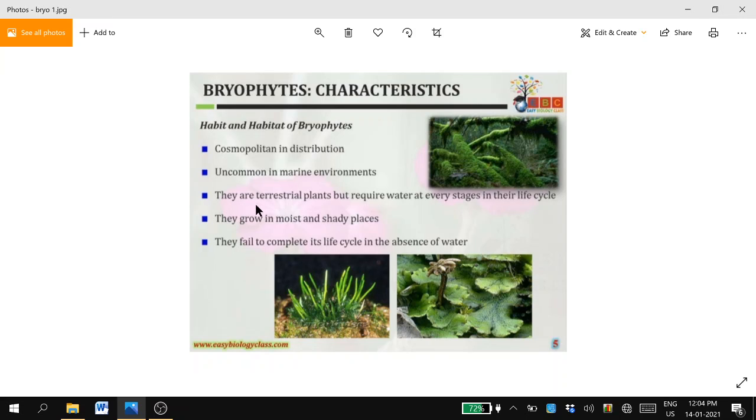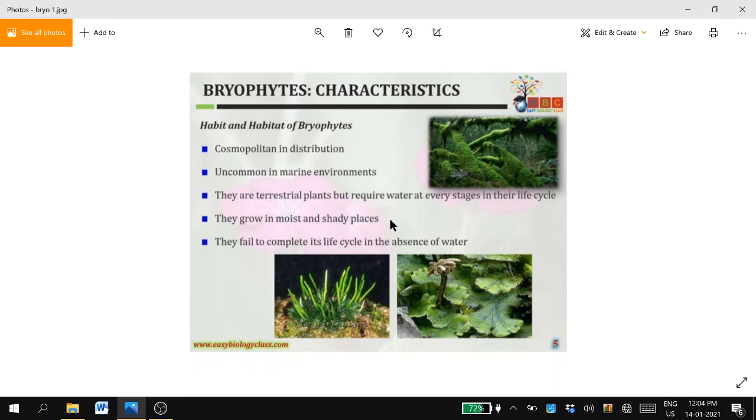The bryophytic plants are terrestrial plants, but in certain stages in the life cycle they require water, such as in the process of reproduction, where water is very essential. Bryophytic plants usually grow in moist and shady places where plenty of water is available.